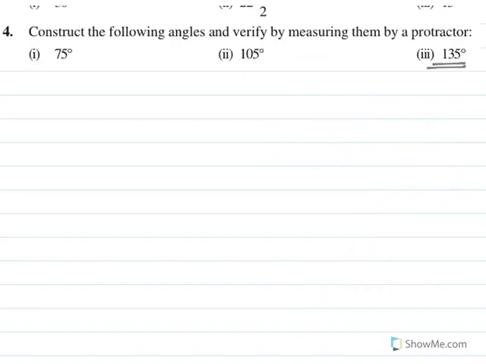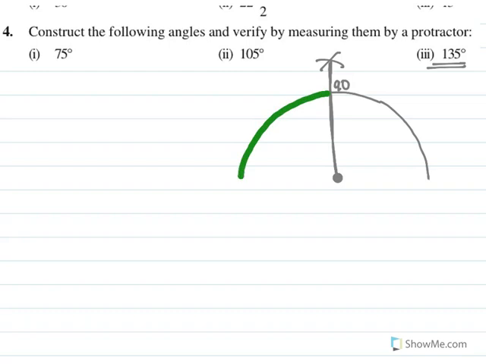Next we are going to draw 135. So to draw 135, we draw an arc. This is the center. You know how to draw 90. I won't repeat that. So you will draw your 90. So this will be your 90 here. Now on this side, from here to here is another 90.